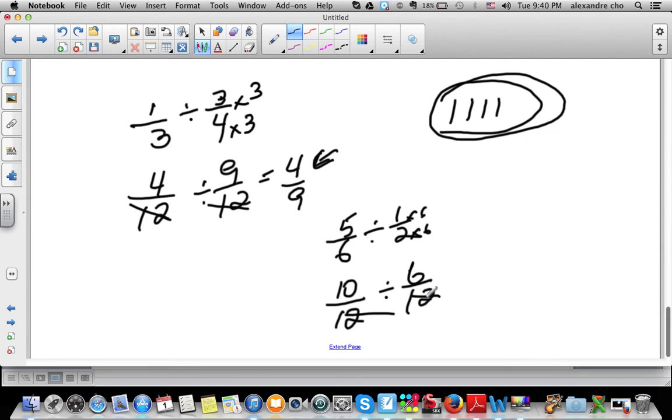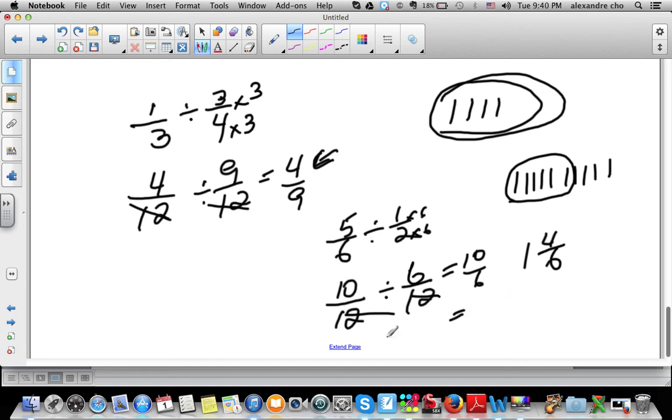Didn't I just do this problem? So 10 divided by 6 is 10 over 6. Are you asking yourself how many times can 6 go into 10? Or how many groups of 6 can you make with 10? 1, 2, 3, 4, 5, 6, 7, 8, 9, 10. I can make one group of 6 right here, and I have 4 left over out of 6. Pretty sure I did this problem. Okay, so I like this method because you can draw this out.